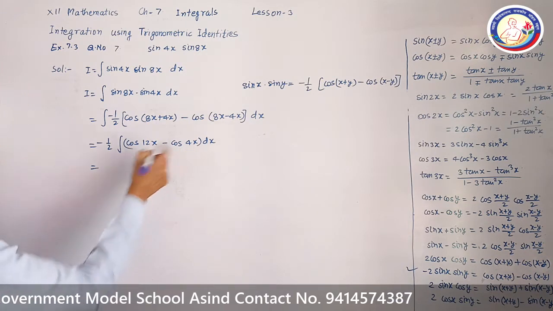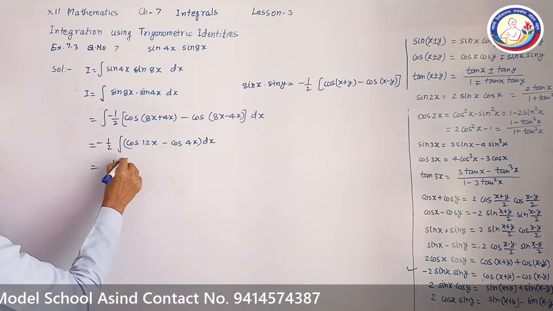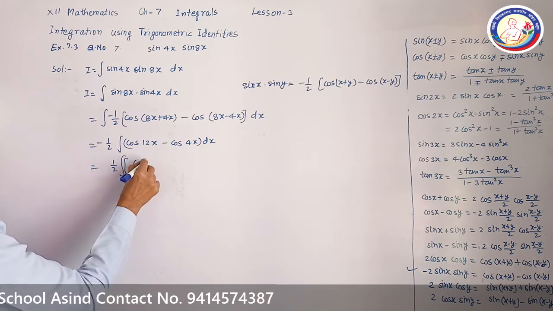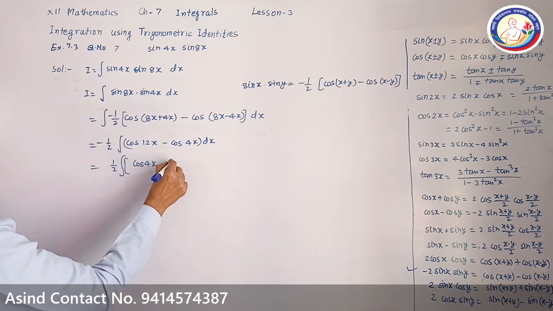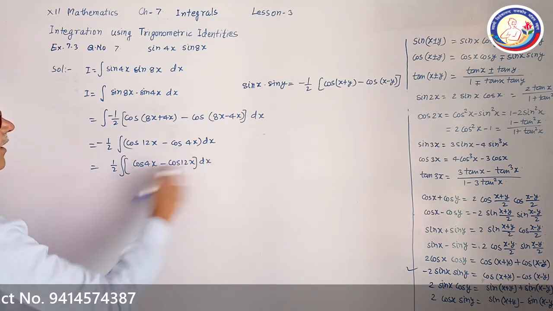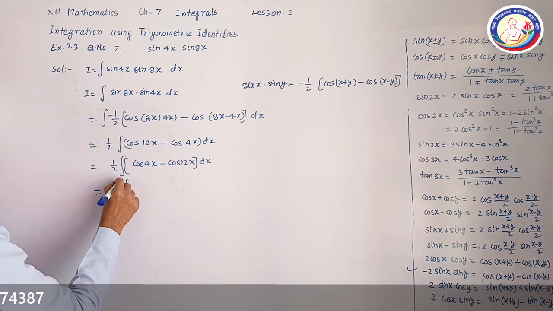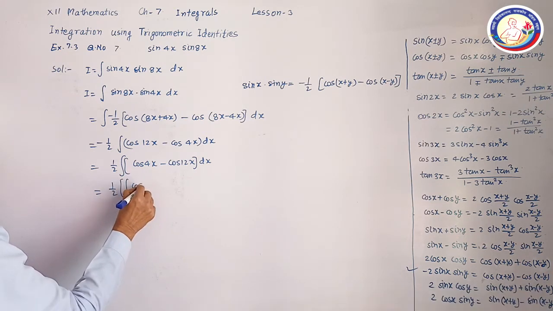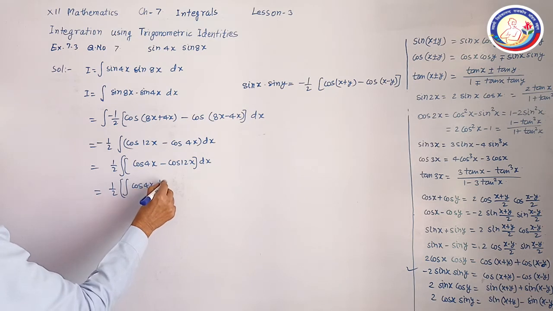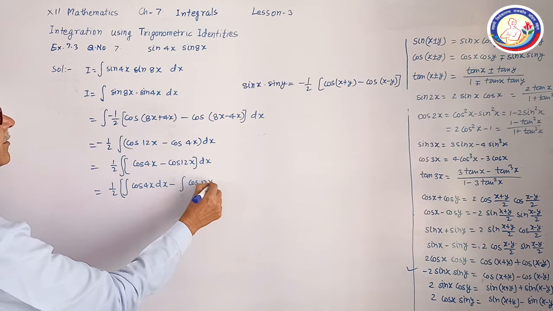We can write it as 1 by 2 integration of cos of 4x minus cos of 12x dx. Now break it in two parts. 1 by 2 integration of cos 4x dx minus integration of cos 12x dx.